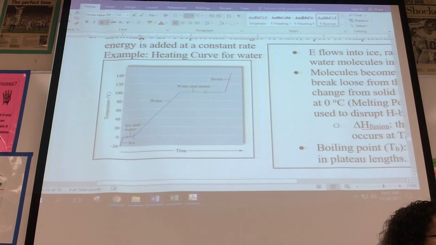And then if you trace back on that plateau, you have the melting point temperature. Here's water in the liquid state. Water and steam coexisting, so this would be your boiling point temperature for water, 100 degrees Celsius. And here's water in the gas phase or steam.